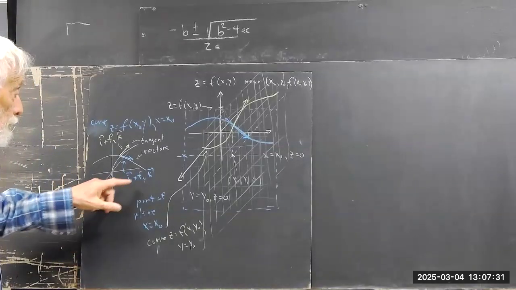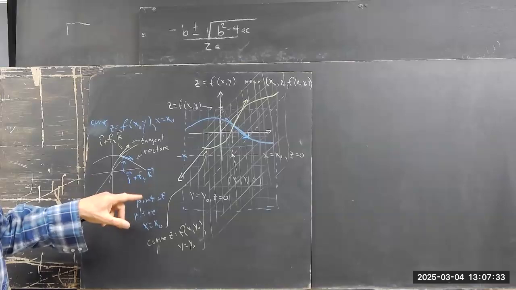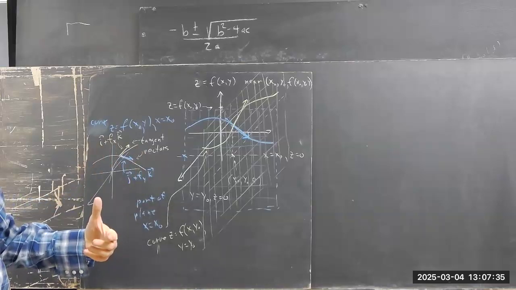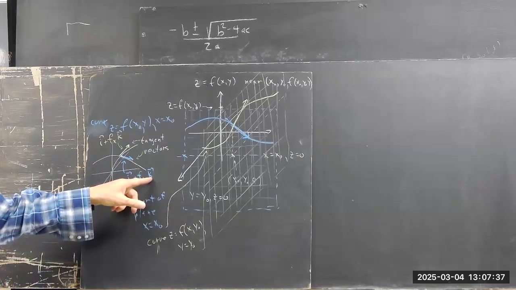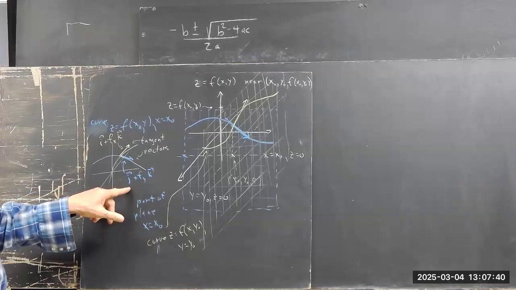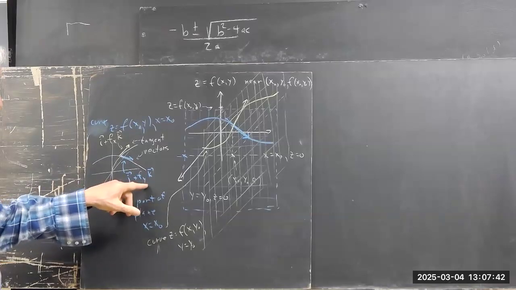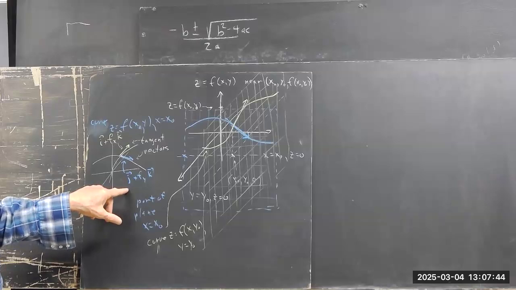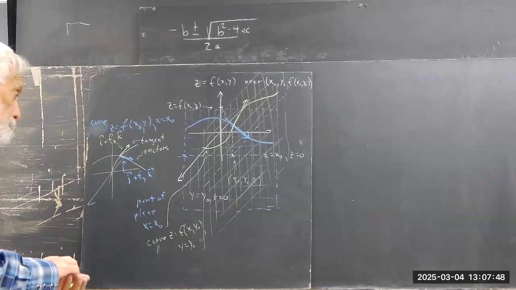Well, the slope of this thing is rise divided by run. The rise is your k component, the run is your j component. So rise divided by run is Fy divided by 1, which is Fy. Does that make sense? I'm going to write it out.